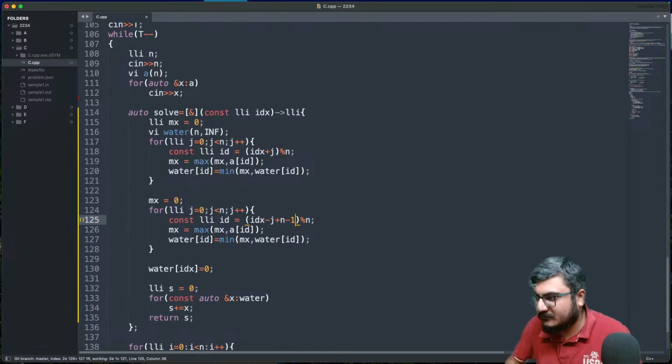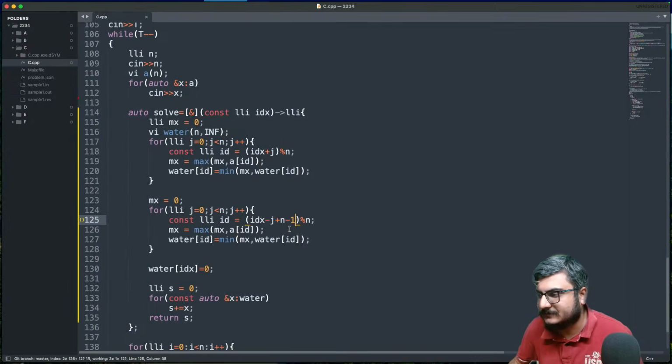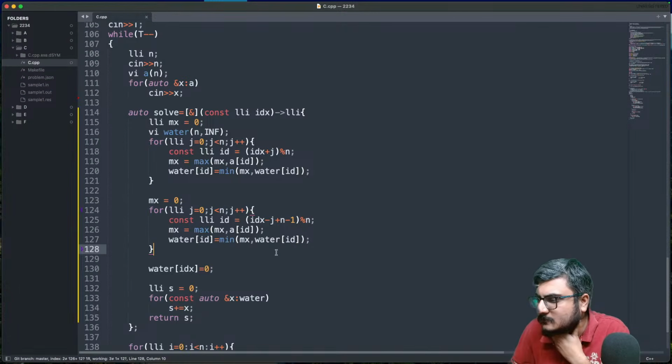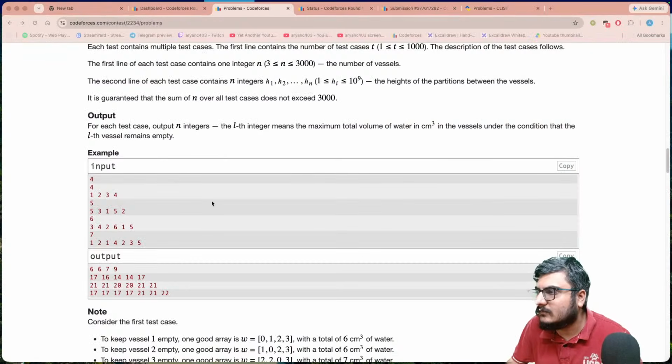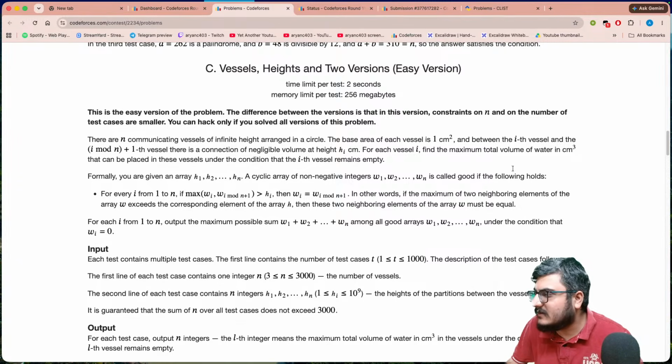I need to take one more to the left side. The ith height connects i and i plus one.